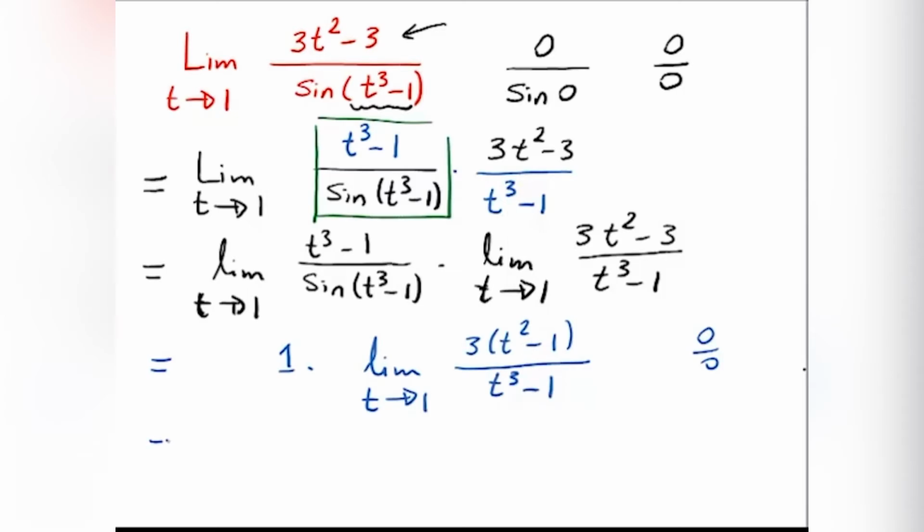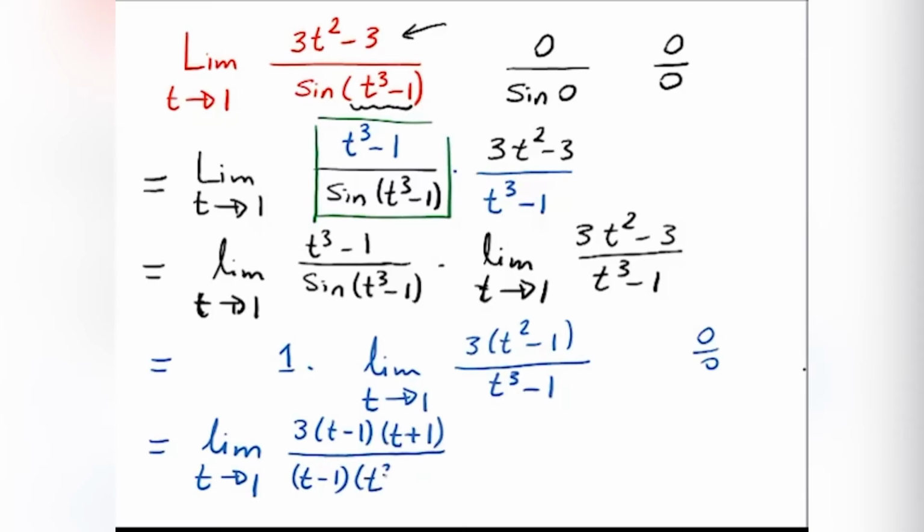So this will be the limit as t goes to 1 of 3 times t minus 1 times t plus 1, divided by, factoring t cubed minus 1, t minus 1 times t squared plus t plus 1.